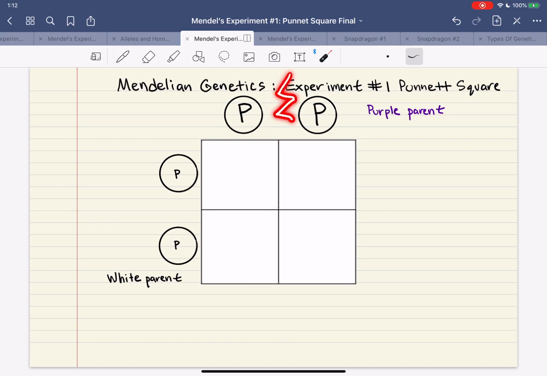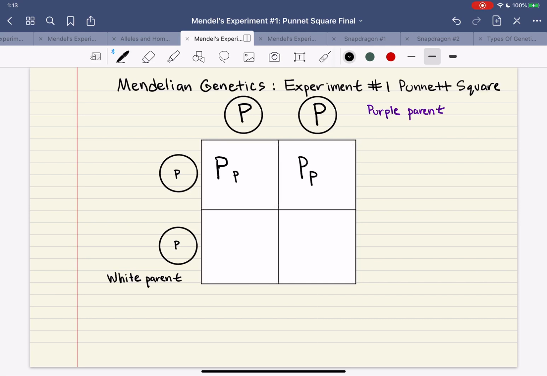It could align either way during metaphase. You could get this one half of the time or this one half of the time. But we have to take into account both possibilities. In this case, it doesn't matter. They could line up either way. You're always going to get big P because they're both big P. But I want you to realize you're simulating meiosis, okay? So we'll do that. It doesn't matter. For both, we're going to get 1 of each.